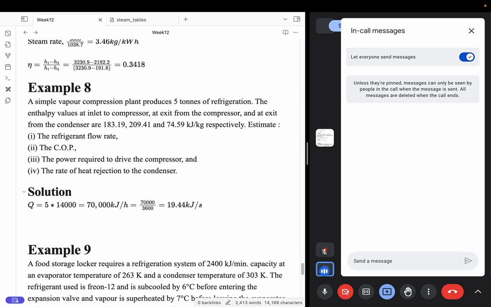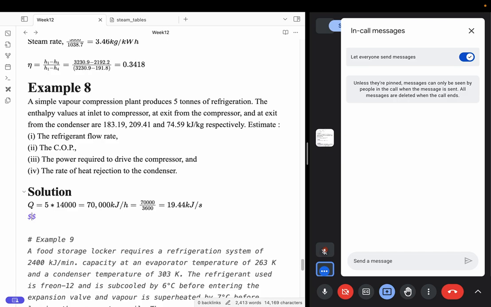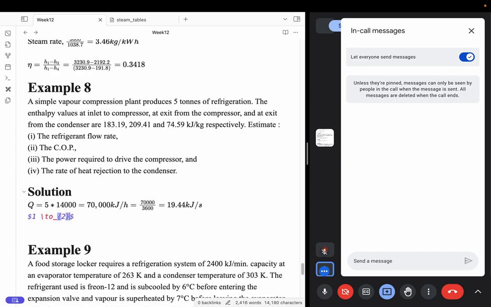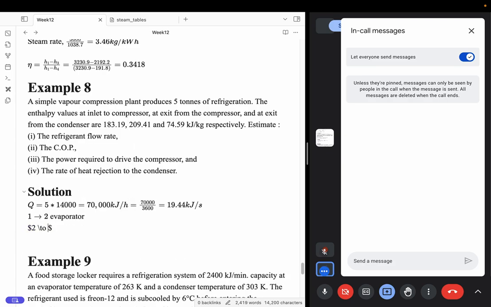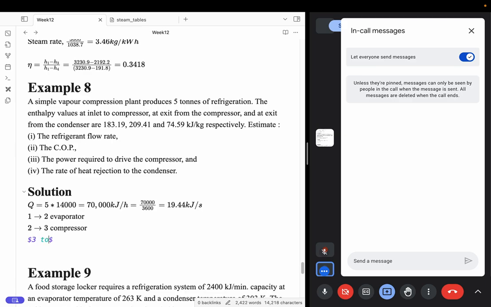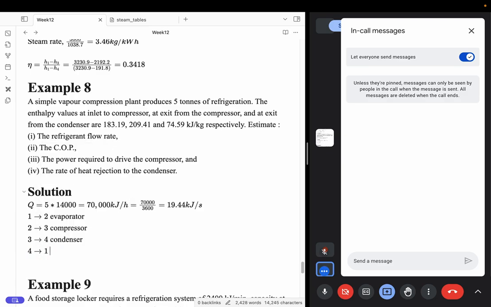So that is the heat load. Now let us write the properties that are given to us. From our regular notation, 1 to 2 is the evaporator. Then 2 to 3, after the evaporator it goes into your compressor, and 3 to 4, from the compressor it goes into your condenser where it loses heat, and finally 4 to 1 is where your throttling happens.